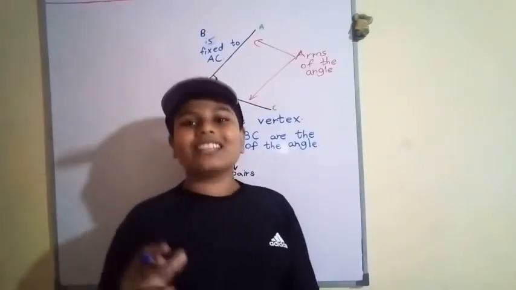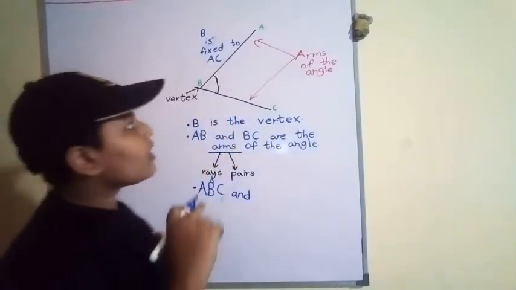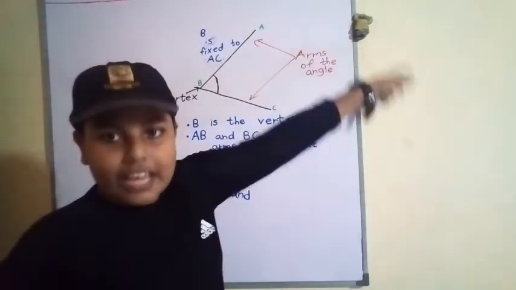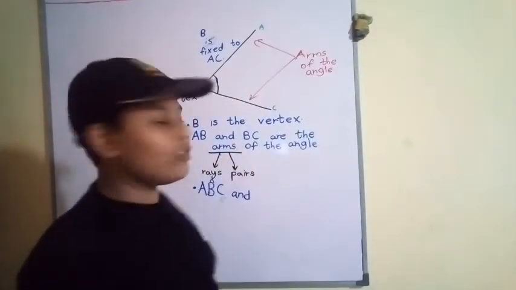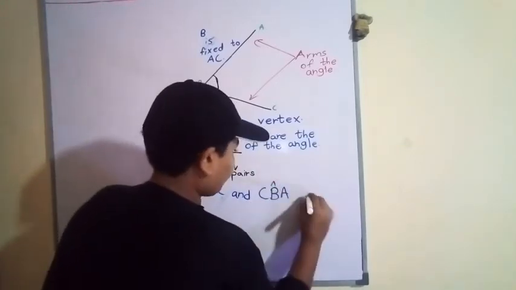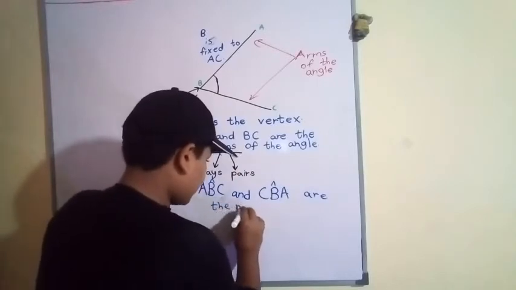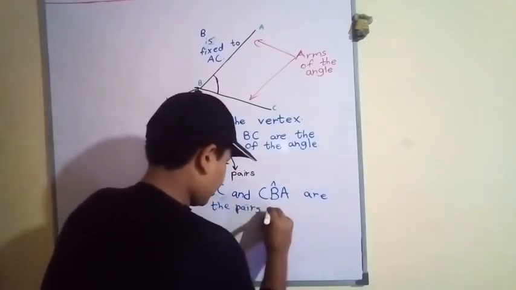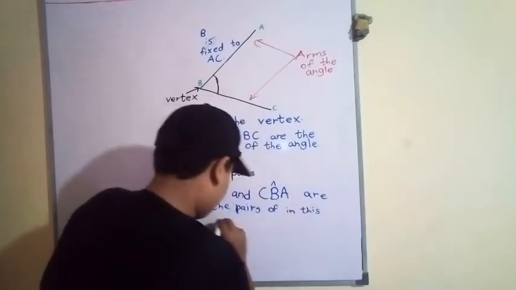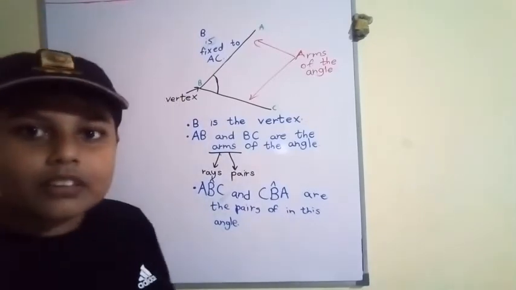What are the two names for it? You can get CBA. ABC is the opposite one. So CBA and ABC are the pairs in this angle. You can name it this way also.